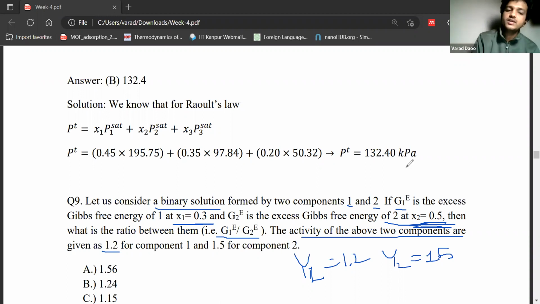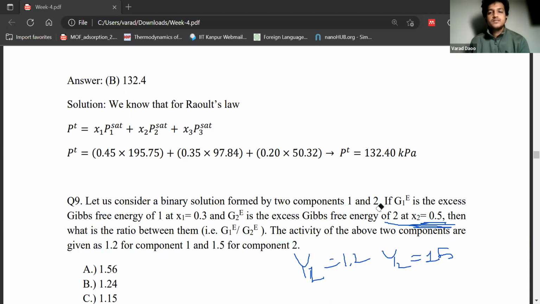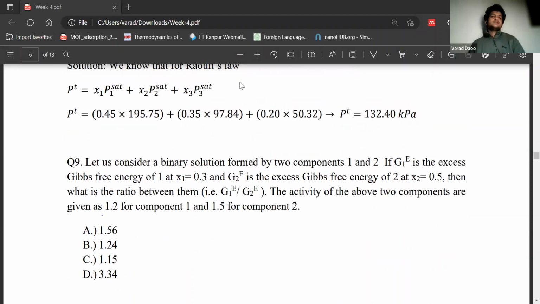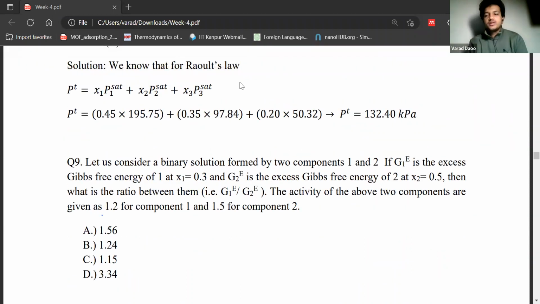And what we need is the ratio of G1E by G2E, right? I hope the question is clear to everyone. And these are the options. I'll give you a couple of minutes to try.